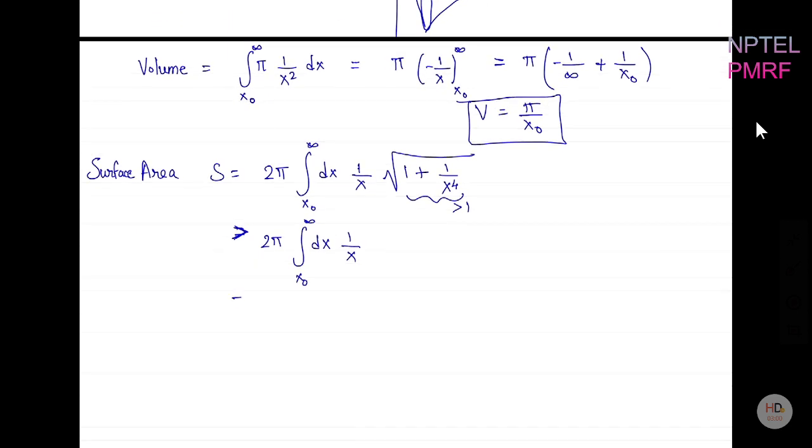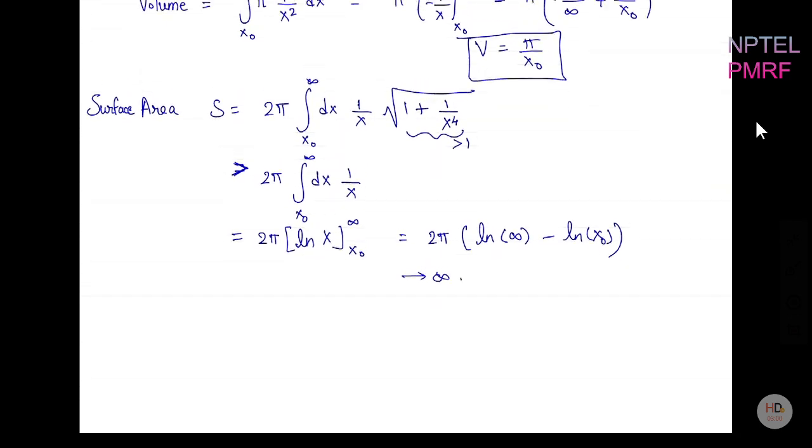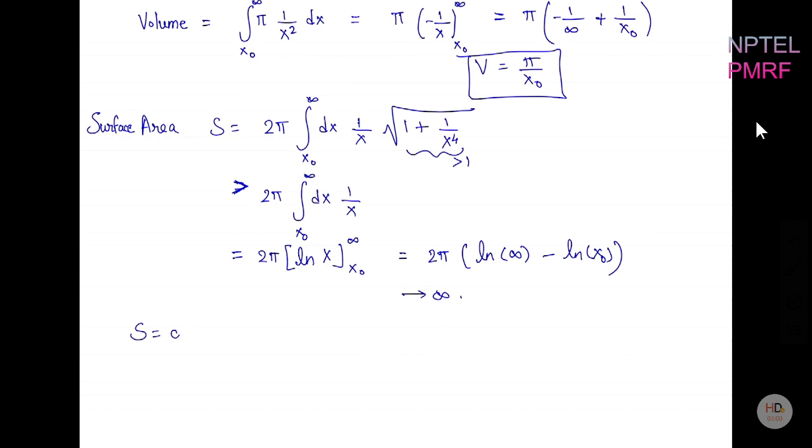And this is equal to 2 pi ln x, where x is from x0 to infinity, which is 2 pi times ln infinity minus ln x0, as if it makes sense, but of course it doesn't. It simply means this is infinity, right? So now we have surface area equal to infinity and volume is some finite value. And so yeah, that's the answer.